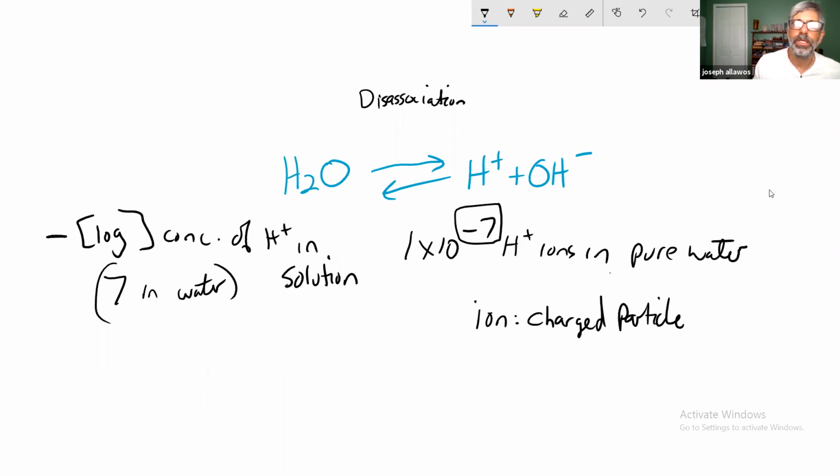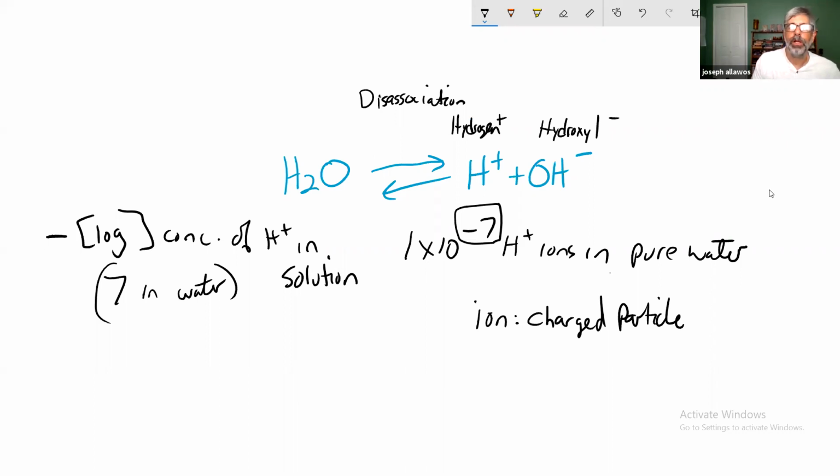Now, it should make sense to you that if in pure water the concentration of hydrogen ions is 1 times 10 to the negative 7, then these are called hydrogen ions, and these are called hydroxyl ions. I should have told you that before. This is a hydroxyl, and this is a hydrogen.